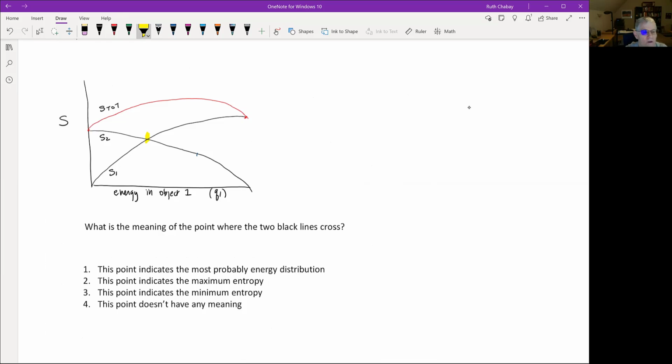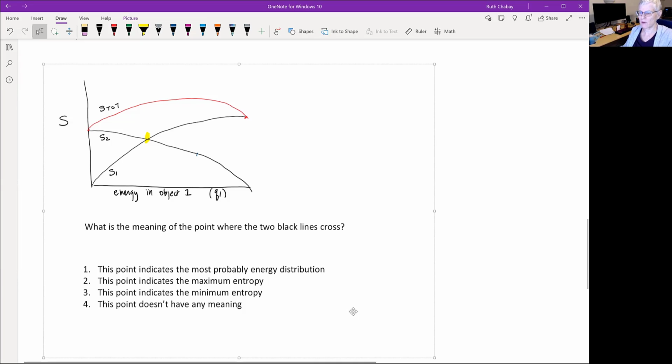The two lines, S1 versus energy and S2 versus energy in block 1, cross at that line. What is the meaning of this crossing point? So the majority said that that indicates the most probable energy distribution.